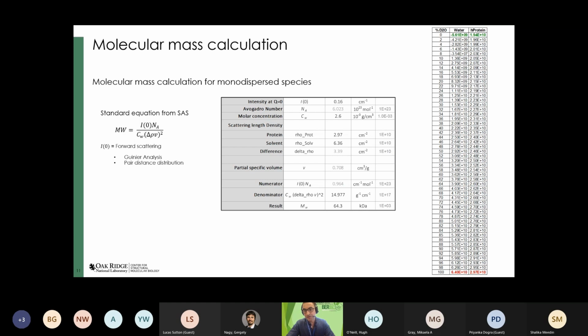You made some assumptions, right, to assume that the molecular weight is lower than expected. So what are those assumptions? In the case if you expect a monomer, I would say you have some interparticle interference in your data that was not accounted for. Is that the case?